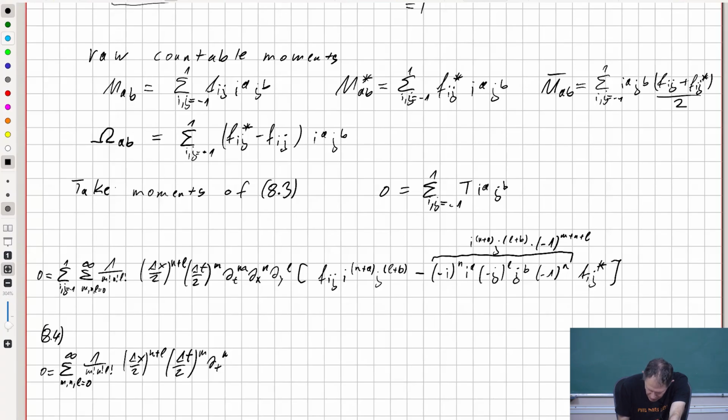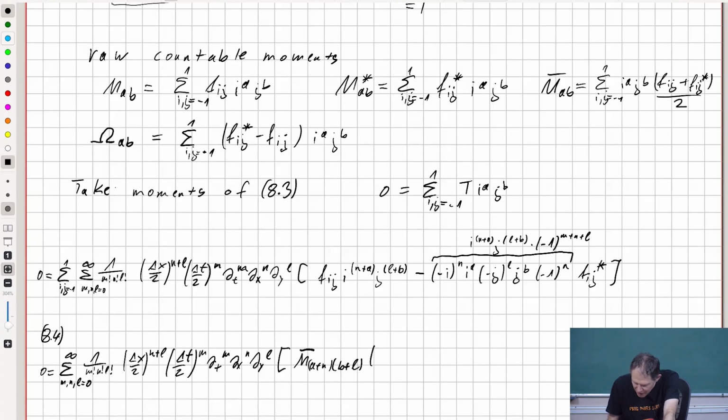Then we have dt m, dx n, dy l. And now comes this moment. So we have now m, a plus n, obviously, because this is the appropriate power in i. Then we have b plus l, and this is now the overbar version.